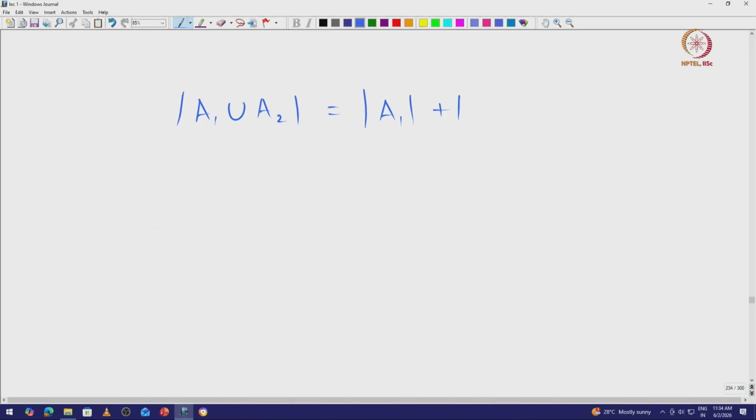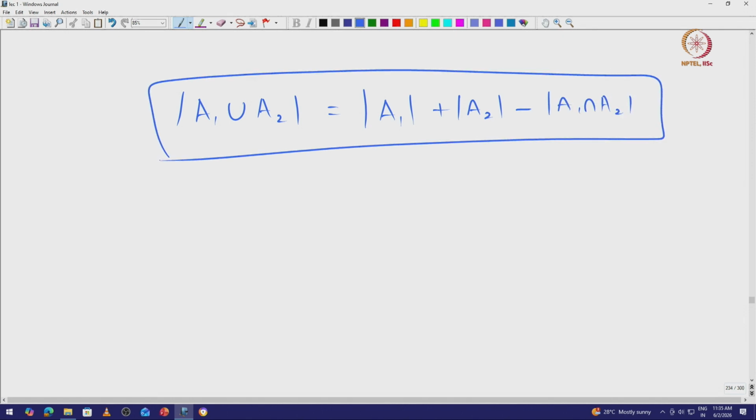So this is going to be the cardinality of A1 plus cardinality of A2. In this sum we have counted the elements of A1 intersection A2 twice, so we just subtract them. So this gives that the cardinality of A1 union A2 is exactly the sum of the cardinalities minus the cardinality of the intersection.